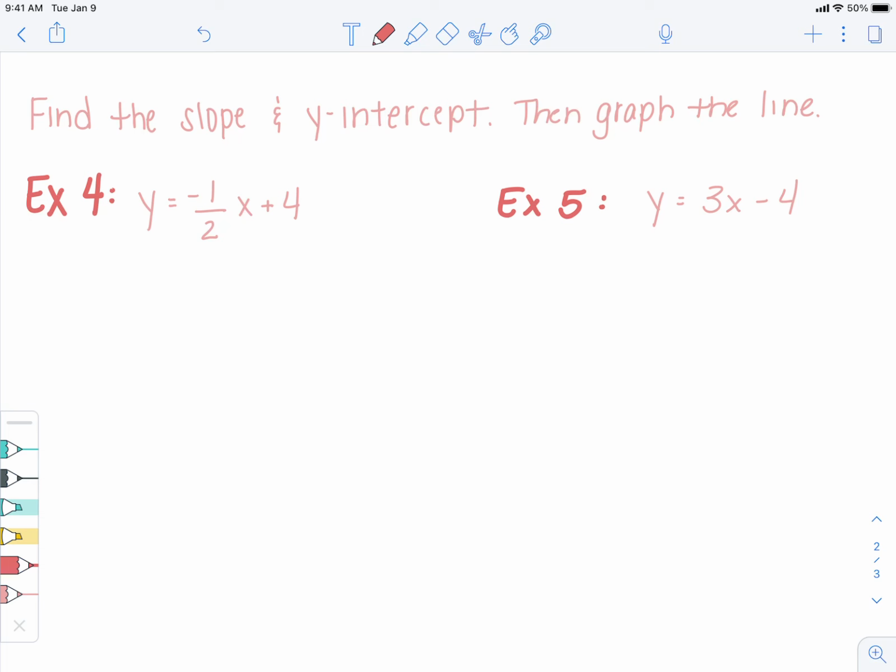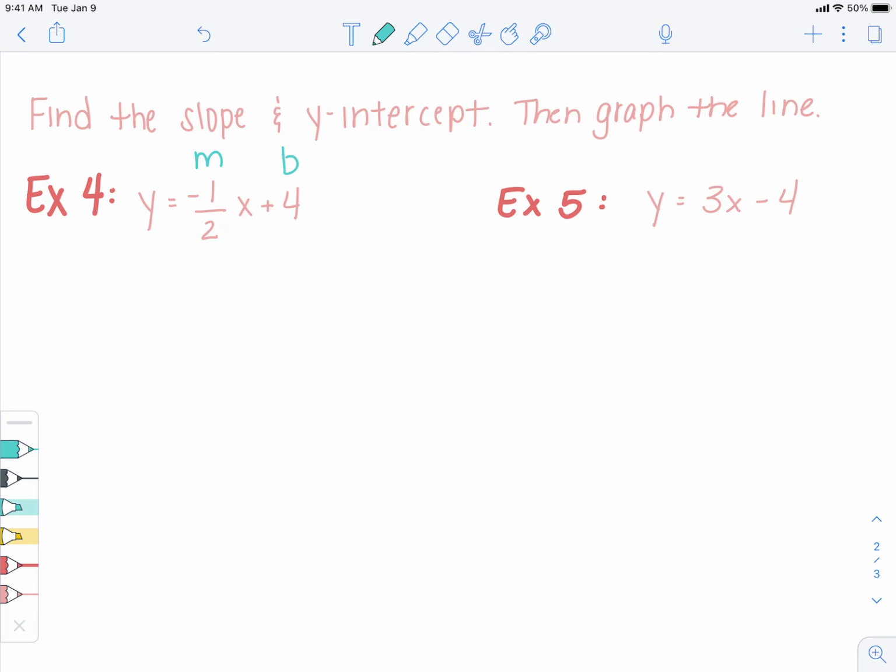So if I give you y equals negative 1/2 x plus 4, my m is the coefficient in front of my x. And my b is the number I'm adding or subtracting, the constant at the end, the one that doesn't have a variable next to it.